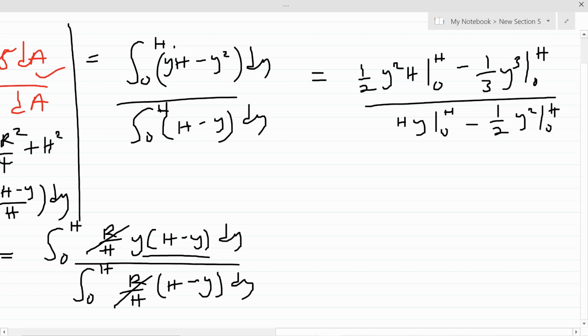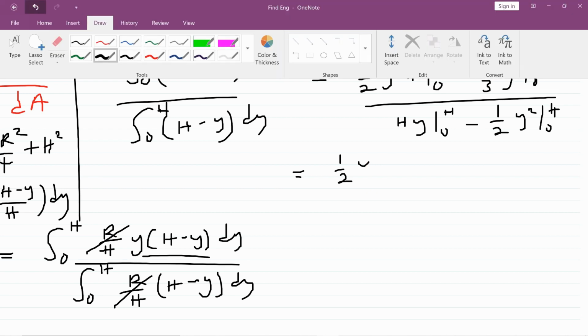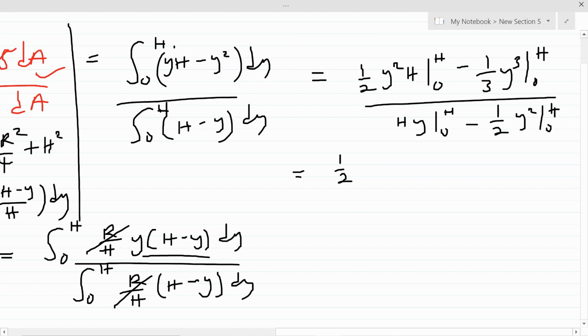I hope you get it. Now the numerator will give me half h cubed, because when I put h in place of y, I'll get h squared, then times h, I'll get h cubed. When I put 0 in, I'll get 0, so I don't bother myself. So I get half h cubed minus 1/3 h cubed at the top, over the down part, I'll get h squared minus half h squared.